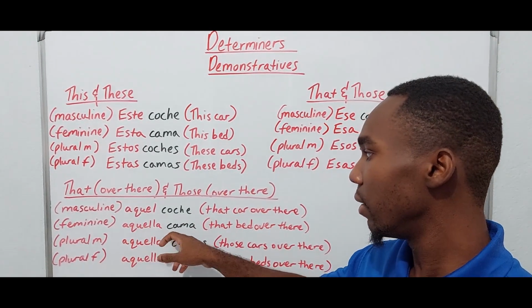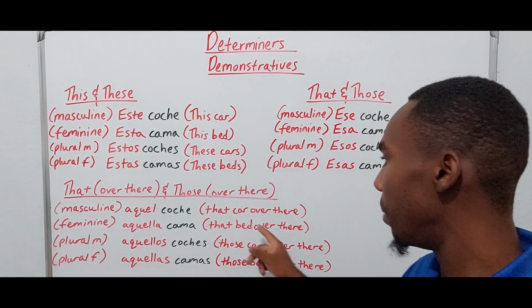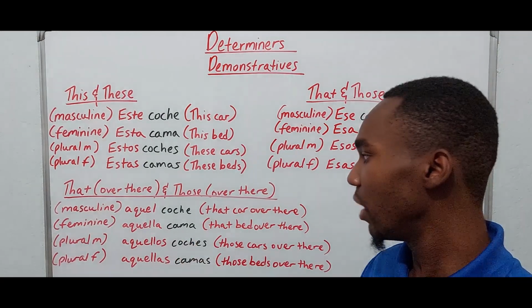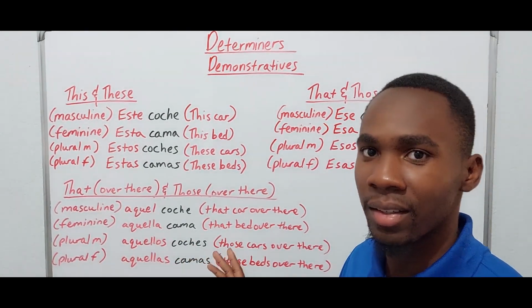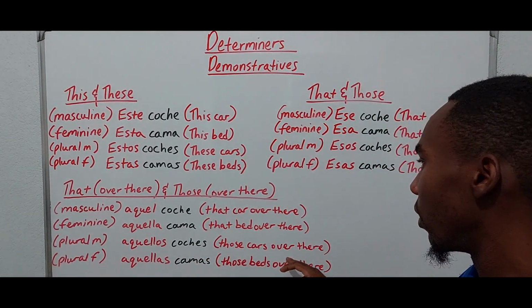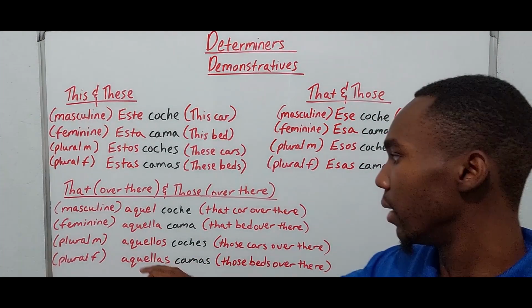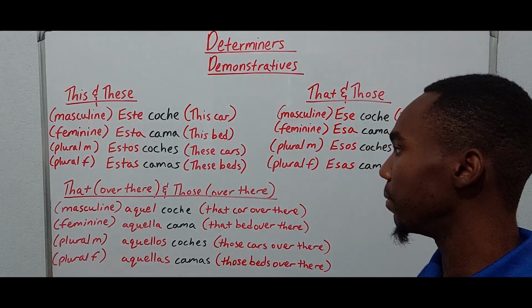The feminine is going to be aquella cama, that bed over there. Aquellos coches, once again the masculine always wants to be different. Aquellos coches, those cars over there. And aquellas camas, those beds over there.